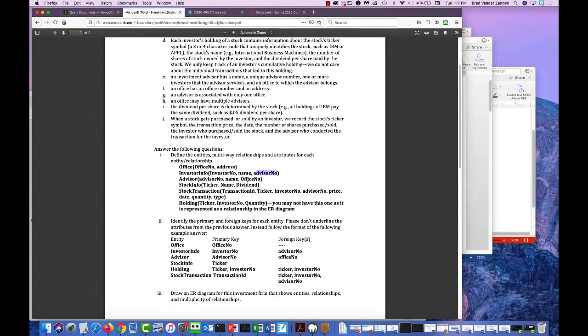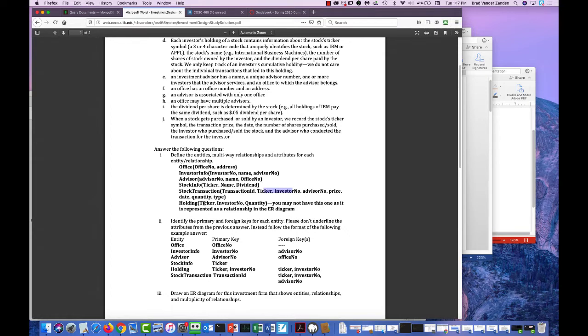For an advisor, the office number is pointing to another entity, so it's a foreign key. For a stock transaction, this thing's going to be full of foreign keys because it's a relationship. Investor number, advisor number, and ticker are all foreign keys into other relations.